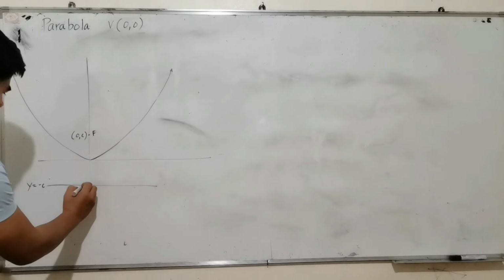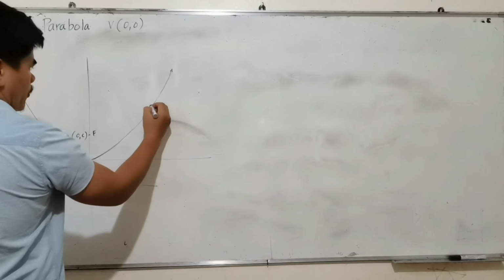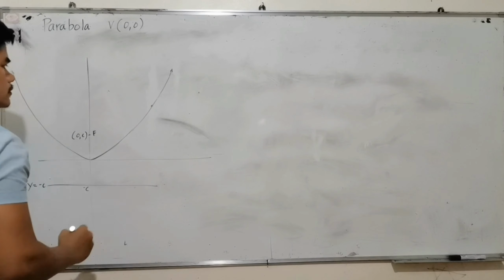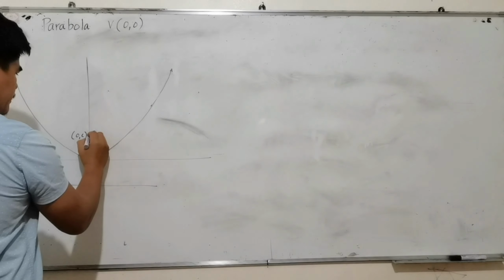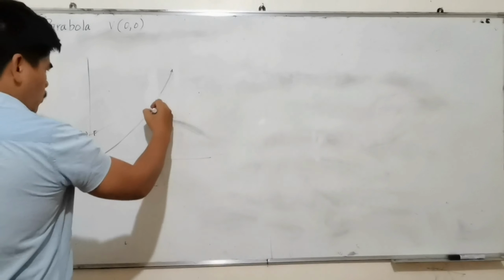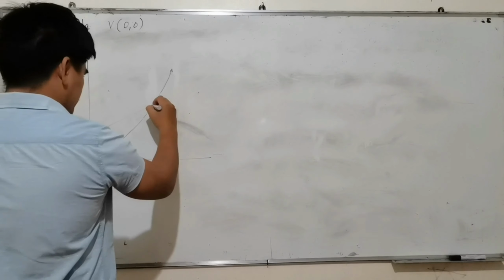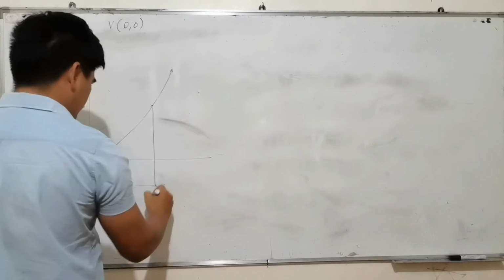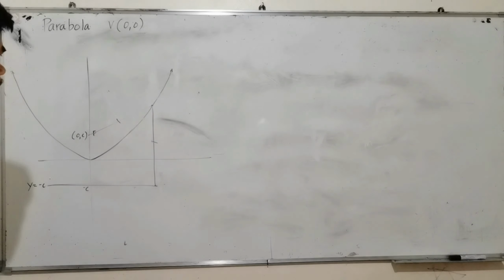I hope you are following. y equals negative c. Now, according to what we have learned last time, if we assign a point on the parabola and connect it to the focus, and make a line vertically going to the directrix, these two lines must be equal.